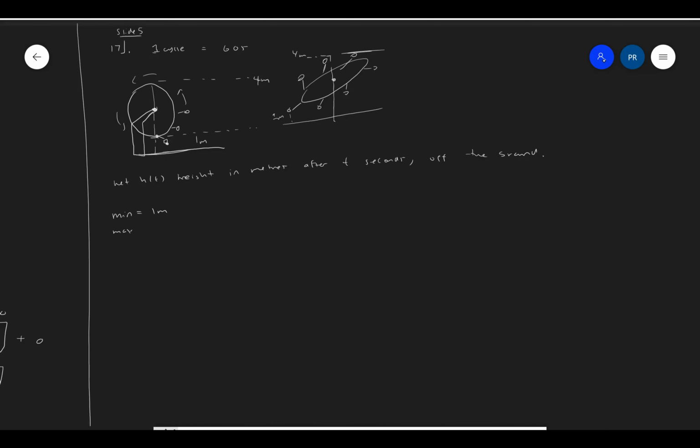We're given that the maximum point here is 4 meters. So this tells us also that we have a cycle every 60 seconds. So the period is 60 seconds. Right? And we're doing the independent variable as t seconds.